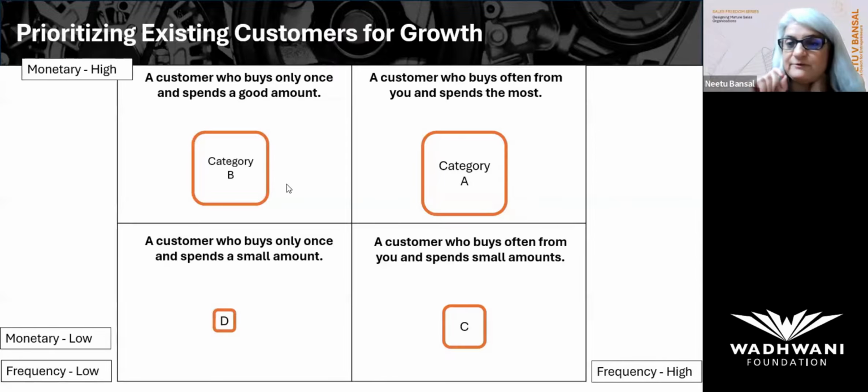Now, let me explain why. Not everybody has a category A customer. And many a time, if you have one, it's a marquee customer. It's possible that these are the guys giving you more than 50% of your revenue, and these are typically very large organizations.